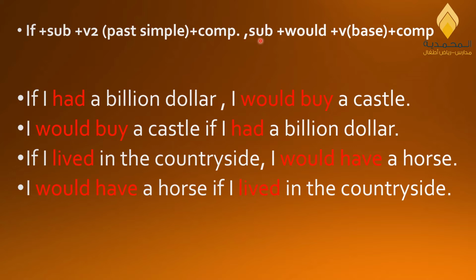After that, it is followed by a subject plus would plus verb in its base form followed by a complement if needed. Remember that the first part, the part that starts with if, is called an if clause, and the second part, okay, it's called the main clause, and it contains would.